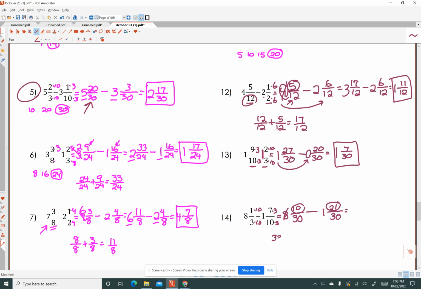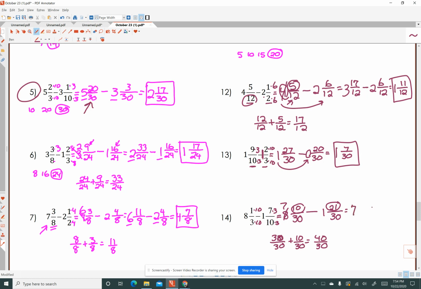And we're going to add one group of 30 over 30 to 10 over 30, which will give us 40 over 30. So that's our first fraction. And when we take 1 away from here, the 8 becomes a 7.